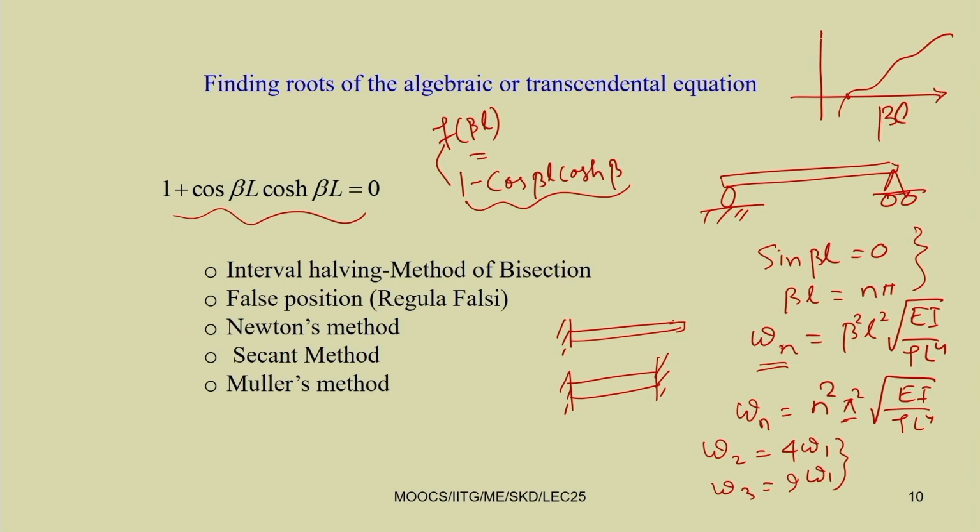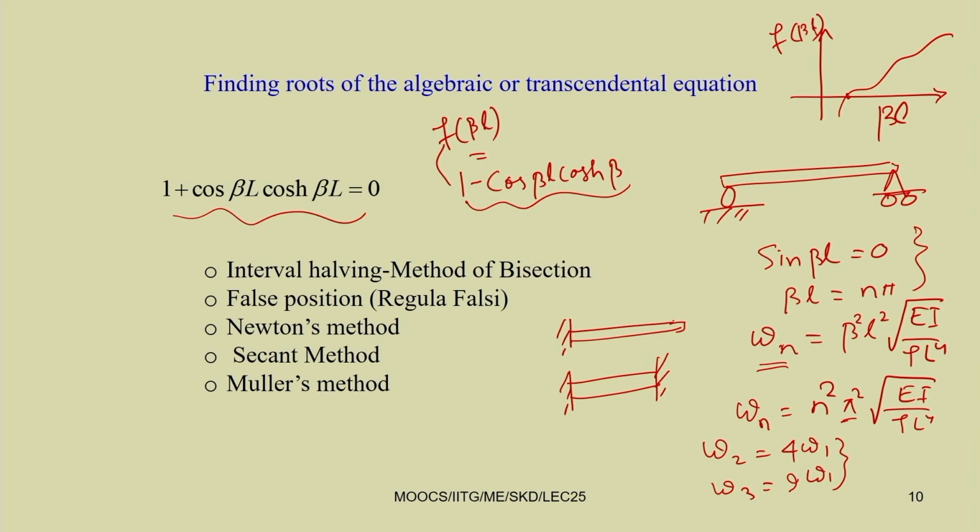So, this is beta L and this is f beta L. After getting the point where it is crossing the 0 line, we can find the beta L value. We have to find this numerically to obtain this value of beta L.